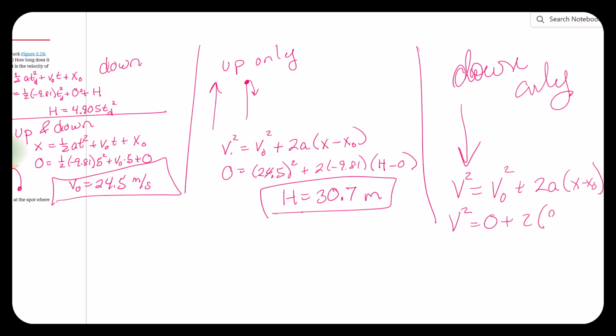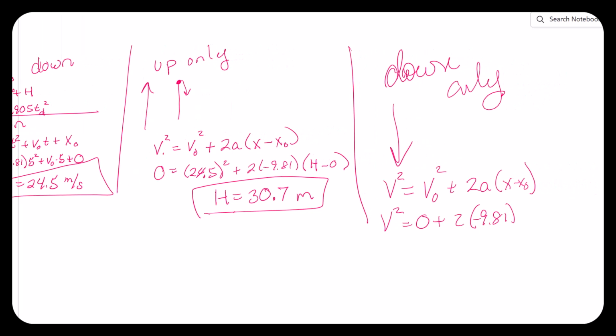It's 2a, negative 9.81. And then it ends at 0, and it started at h, which I happen to know is 30.7.